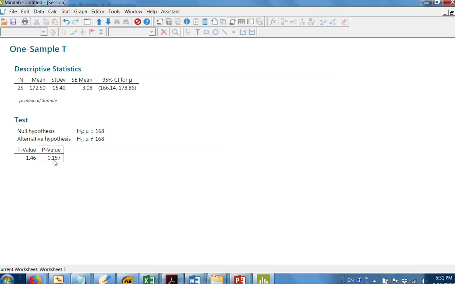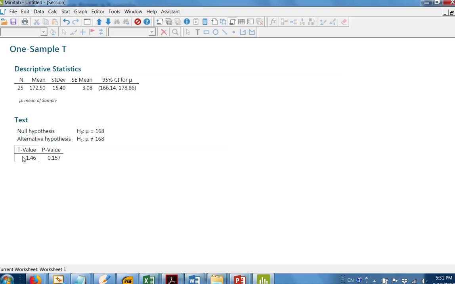Here the p-value is greater than the given alpha 0.05, so we have no evidence to reject the null hypothesis H0. Another approach is to compare the t-value with the t-test critical value.